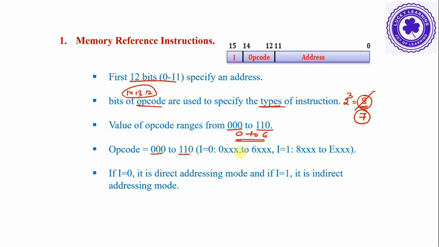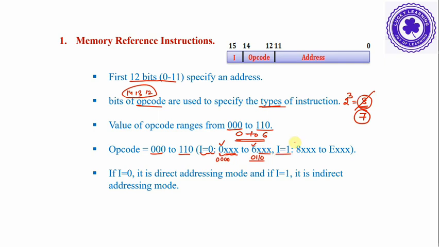110. And when I equals 0, the hexadecimal representation of an instruction, with the most significant 4 bits being 0000 to 0110, is 0XXX or else 6XXX. This triple X represents either zeros or ones.